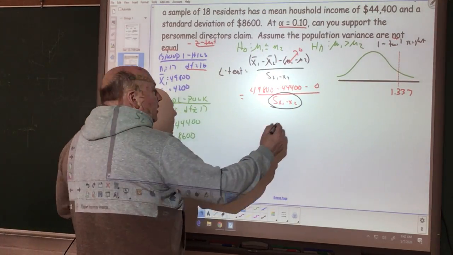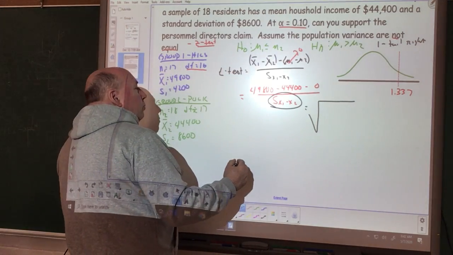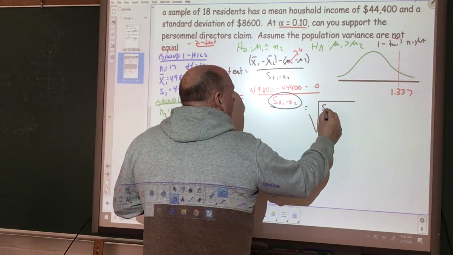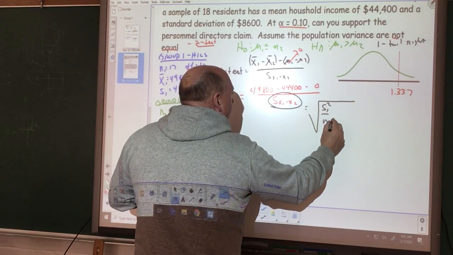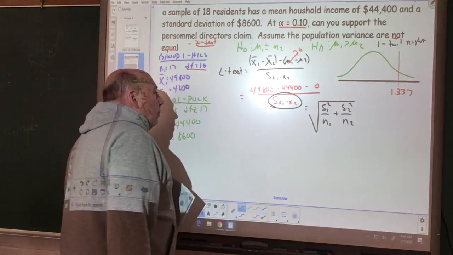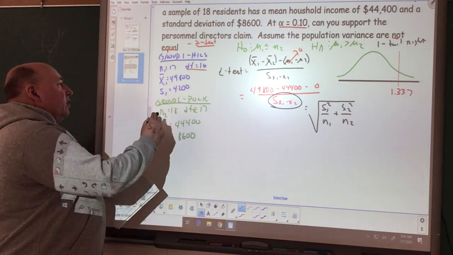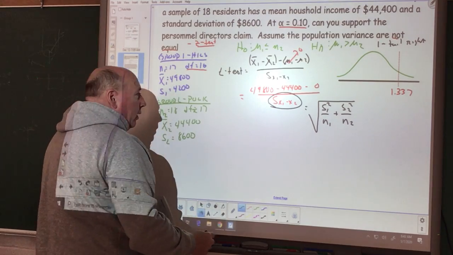This value is calculated by the square root of variance 1 over n1 plus variance 2 over n2. So this is just our standard deviation, and we have to square it.